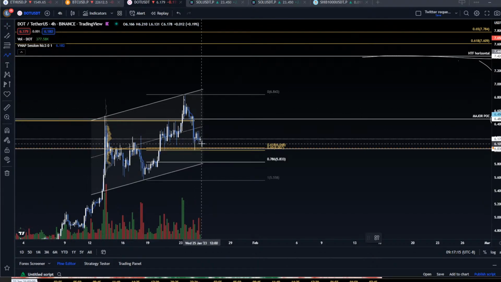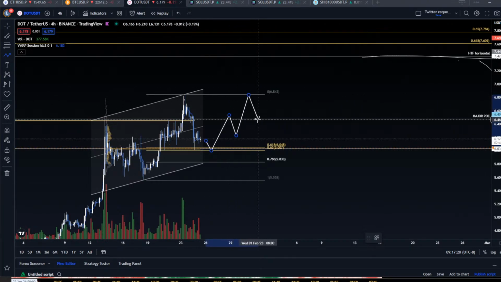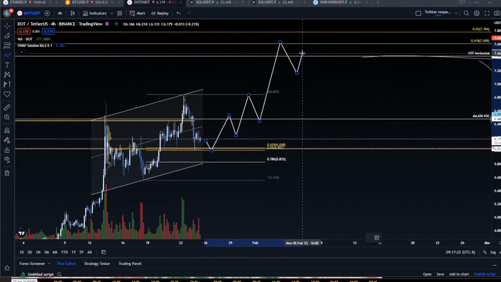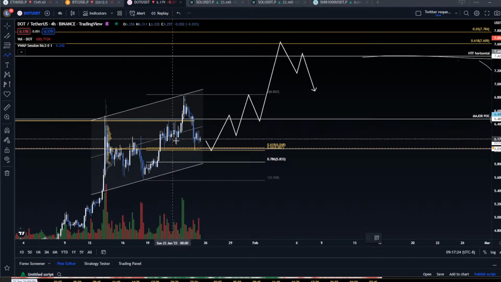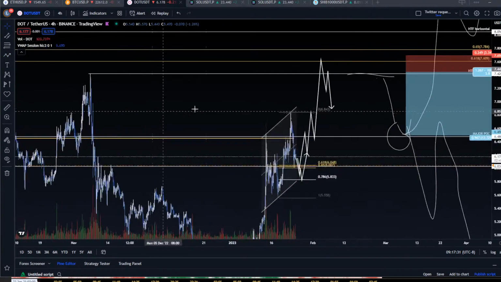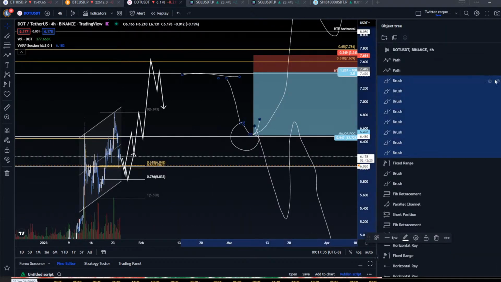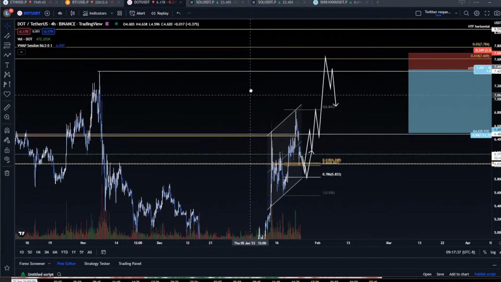So let me mark out some key ideas here. Whatever, we'll just do continuation that way. That's the long idea. That's the short idea. Clean up the chart a little bit. I'll do the next one a little quicker.